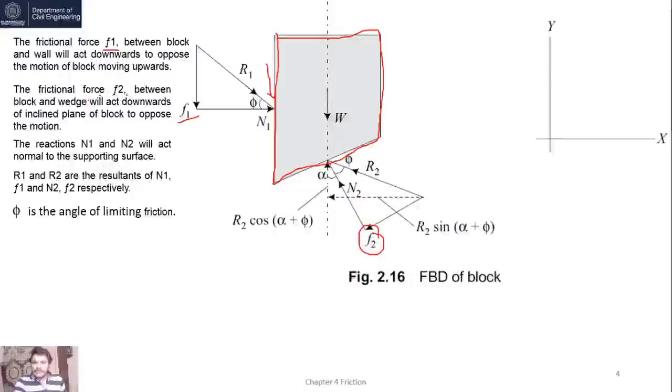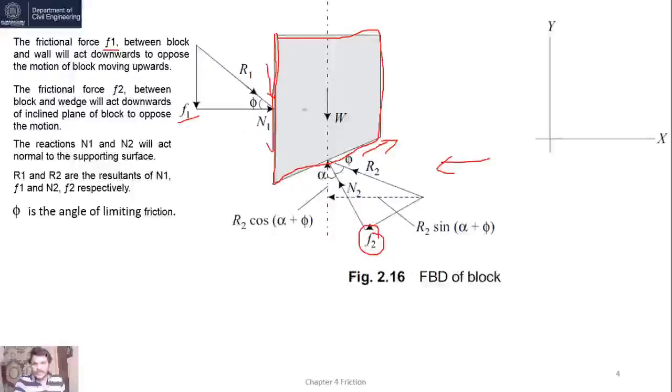F2 is the frictional force between the block and the wedge, and it acts down the inclined plane of the block, opposite to the motion. Since you are applying the force in this direction, the wedge tries to move towards the left-hand side, so a frictional resistance is required in the opposite direction, that is F2. The normal reaction is always perpendicular to the plane.